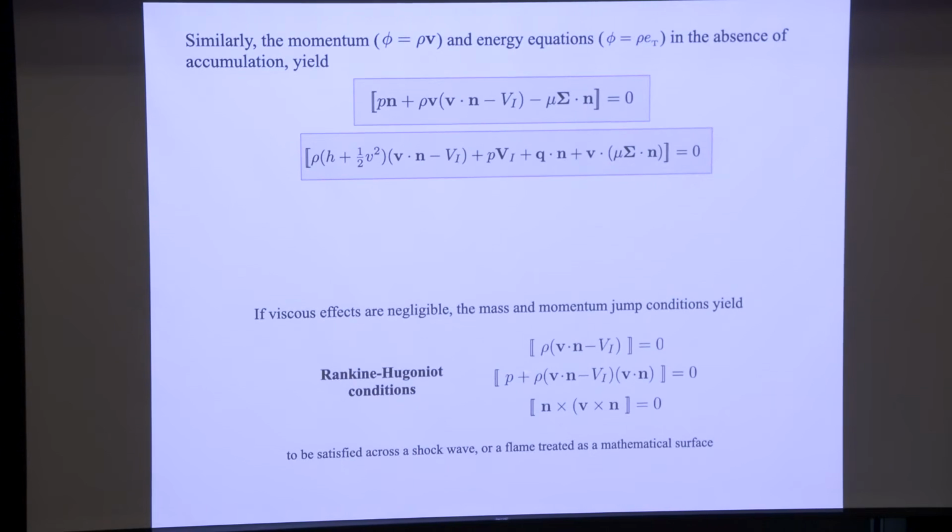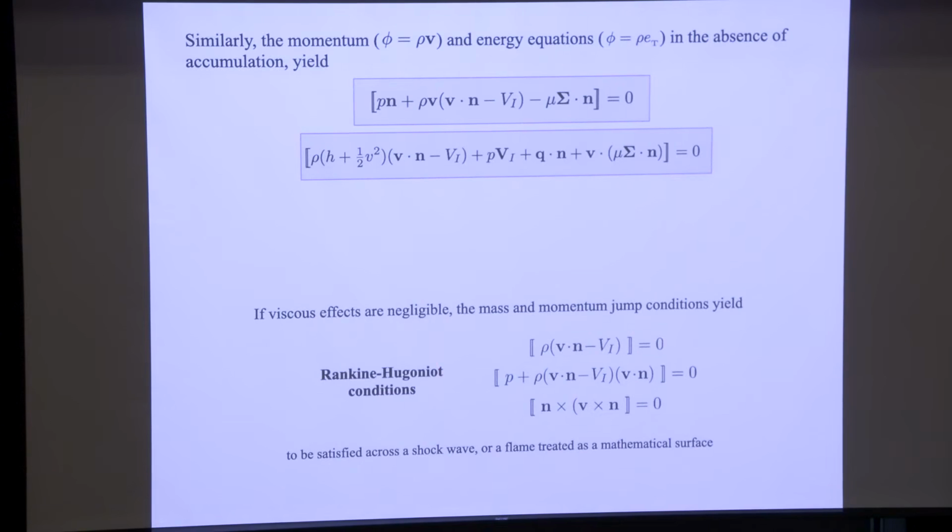The first one comes from the normal component, which tells you that the jump in the pressure plus the mass flux times the normal velocity, okay? So essentially the momentum in the normal direction is conserved, okay? And the second one tells you that the tangential components are conserved. In other words, there is no jump in the tangential component; below and above are the same across the interface.